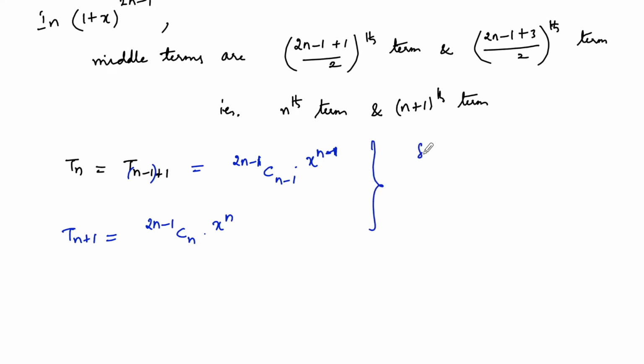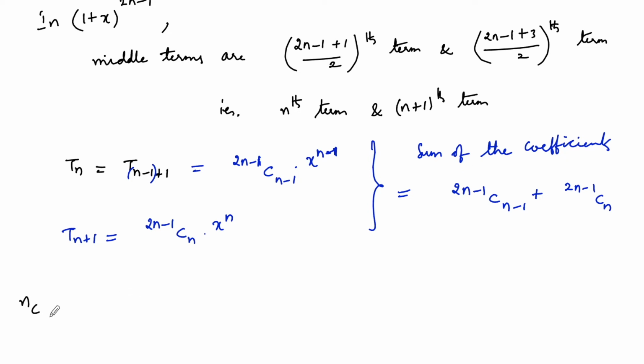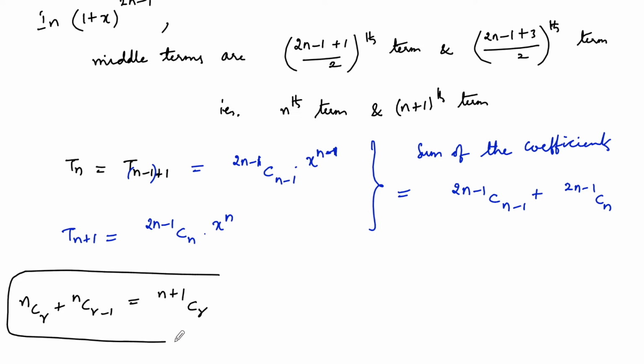So the sum of the coefficients of the middle terms is equal to 2n-1 C_(n-1) plus 2n-1 C_n, and we have a property from combinations: nCr plus nC(r-1) is equal to (n+1)Cr. By using this property, here n is 2n-1 and r is n.